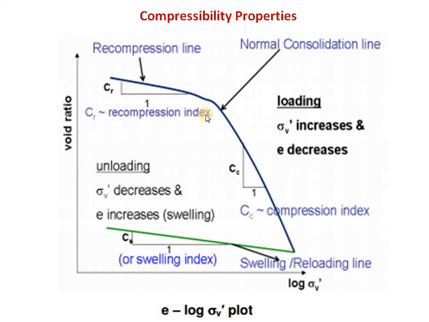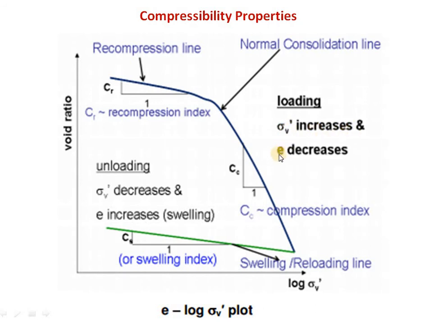That means if you remove the loading, it will come to its original position. Further, when the load is increased, normal consolidation will take place, as the excessive water from the soil will try to be removed, and when it is removed, it reaches sigma v dash.